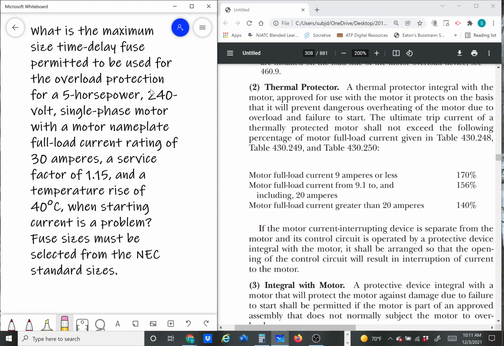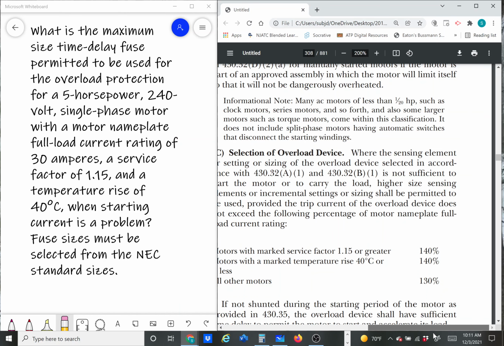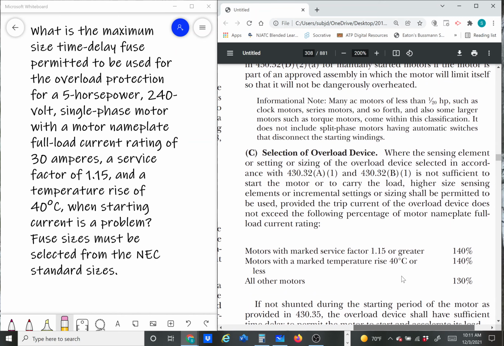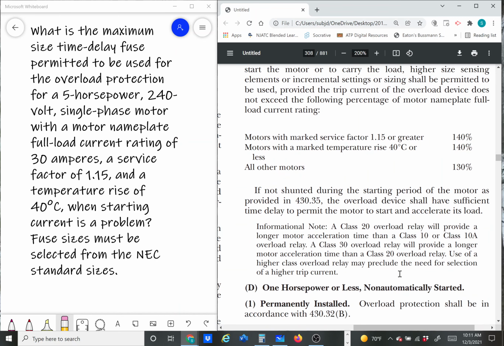The thing I want to find out first is whether or not starting current's a problem. So let's look for that. Nameplate rating, service factor, temperature rise, starting current, when starting current is a problem. So I'm going to go to my starting current is a problem table. And there's my starting current is a problem table.